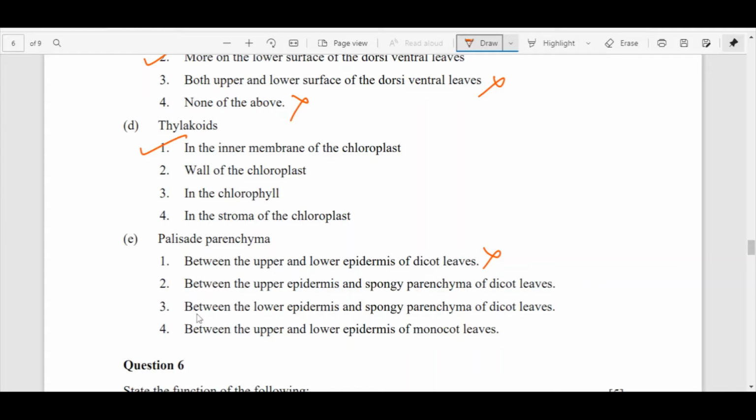Let us see. Option number 3, between the lower epidermis and spongy parenchyma of dicot leaves. Wrong. Option number 4, between the upper epidermis and lower epidermis of monocot leaves. No beta, this is also wrong. So the right option here is between upper epidermis and spongy parenchyma of dicot leaves.